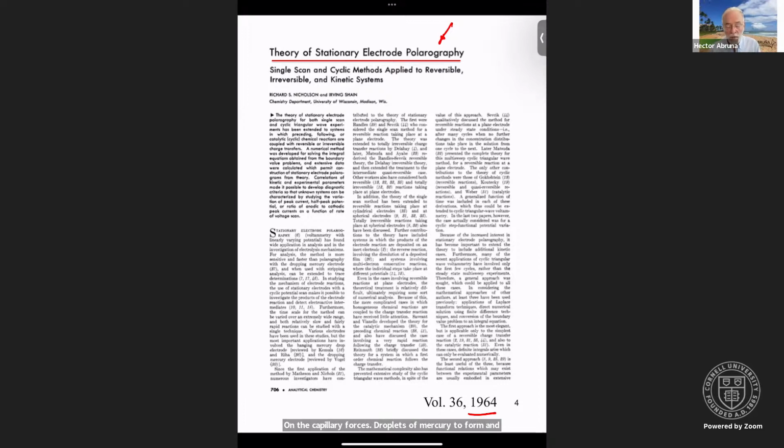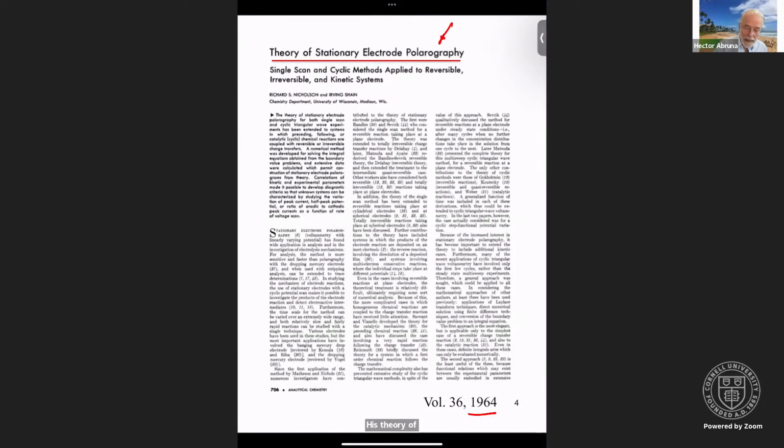Thus the term dropping mercury electrode. So when it says theory of stationary electropolarization, that's basically a double negative. The electrode in polarography is not stationary, it's dropping. So when you say stationary, it goes against that, and it's not polarography either. But the official name of what we refer to as cyclic voltammetry is theory of stationary electropolarization.